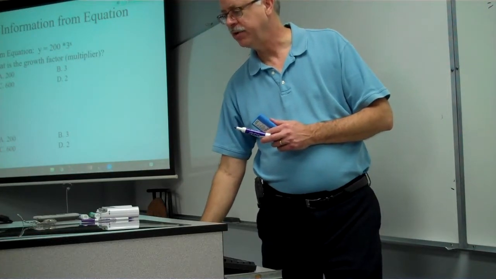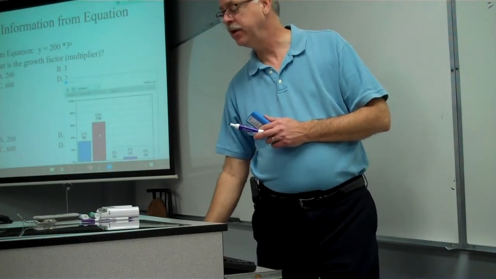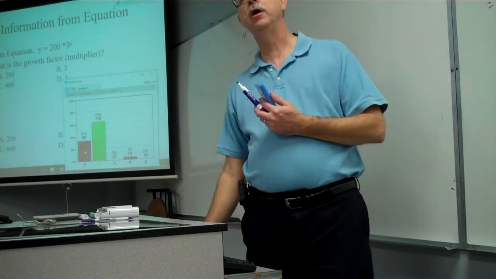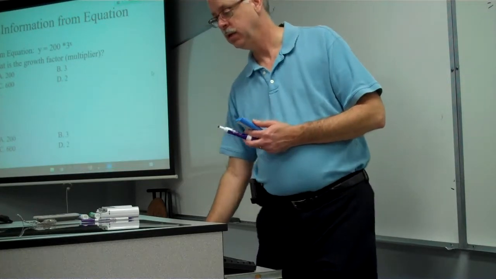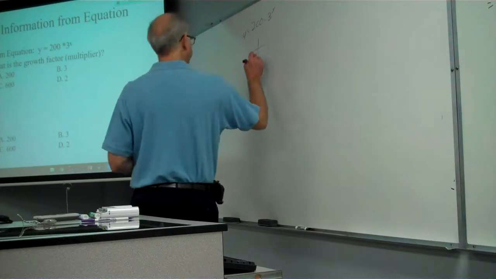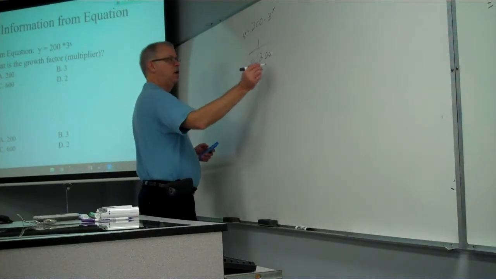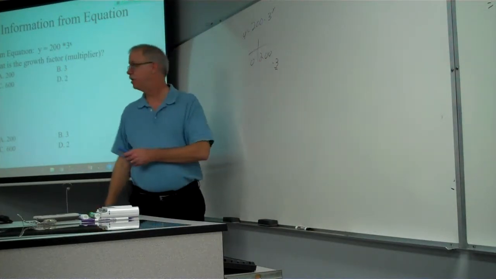And what we're multiplying by every time is the 3. Whatever is being raised to the x power. The 200 is what we started with. But we're multiplying by 3 every time.